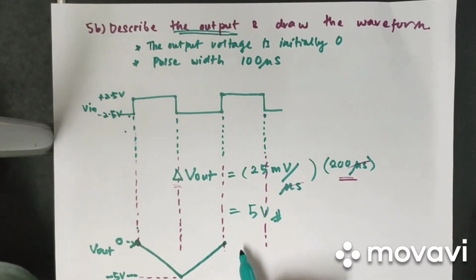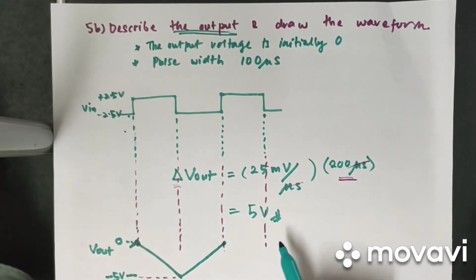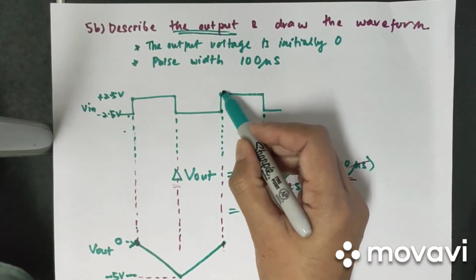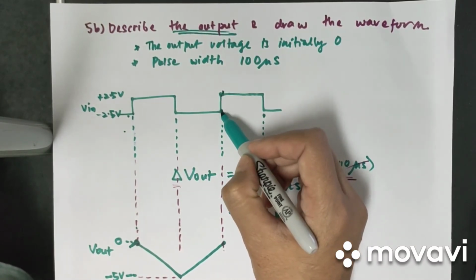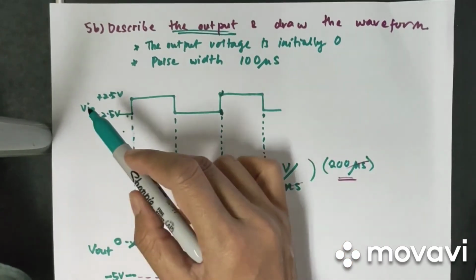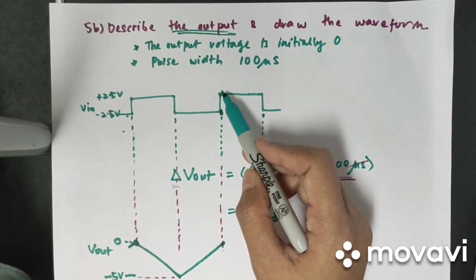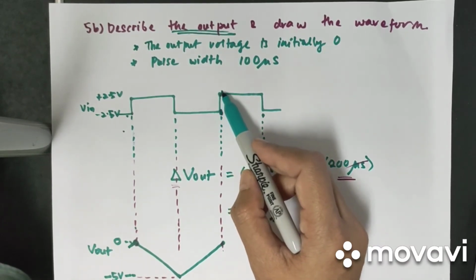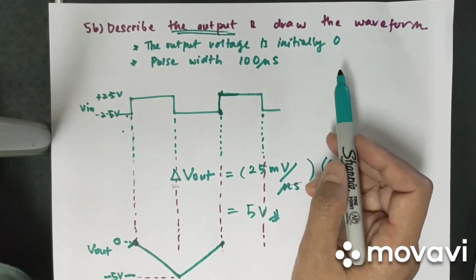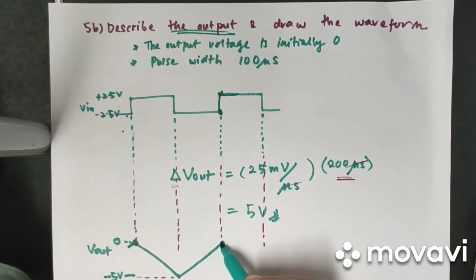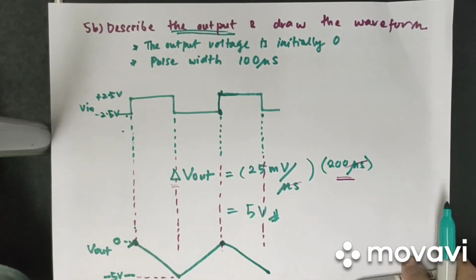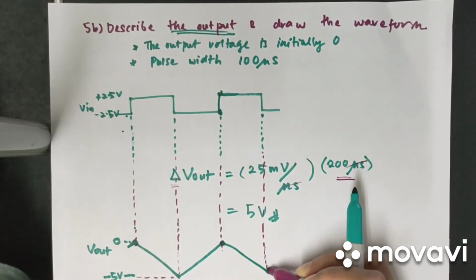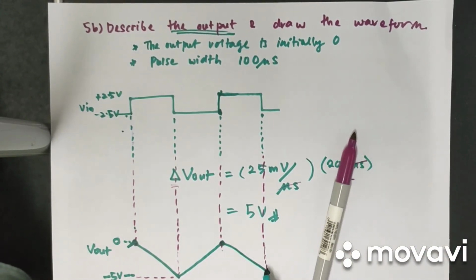Similarly at this point, when the input steps up to positive 2.5, the output ramps down again.